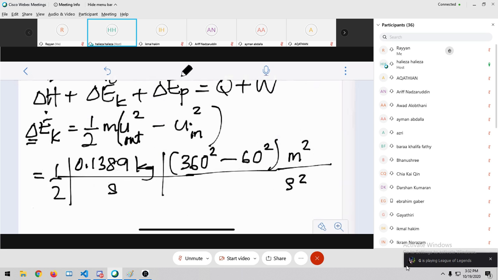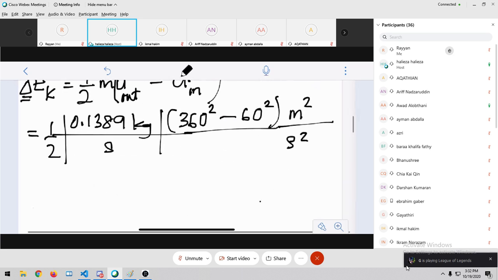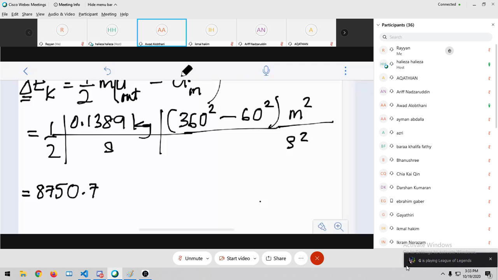If you calculate that, what will you get? Somebody calculate it for me, please. What's the answer? 750.7. Thank you. So the unit we have is kilogram per second, meter squared per second squared.